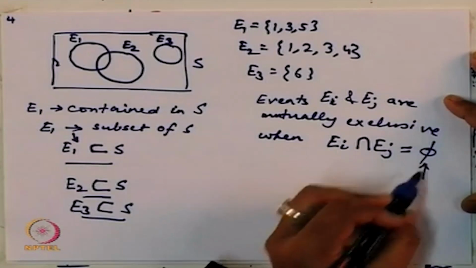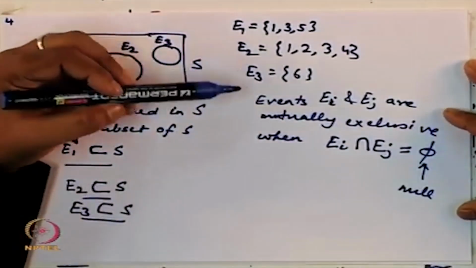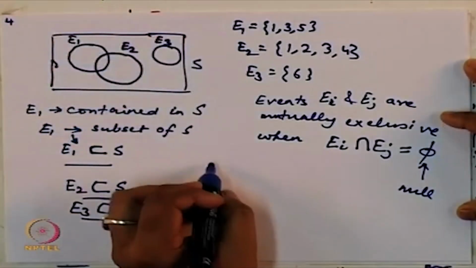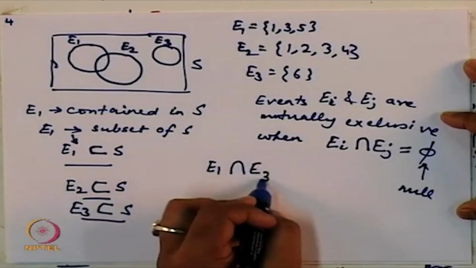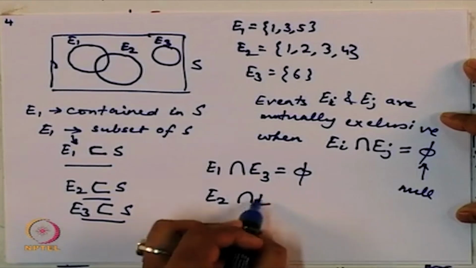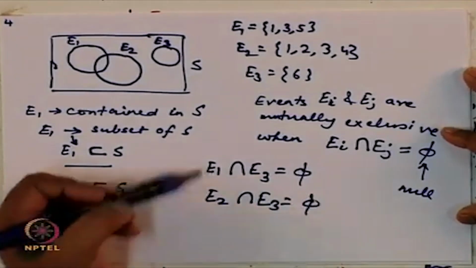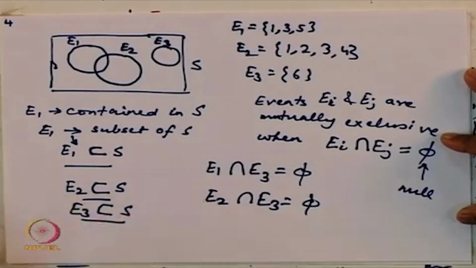This is null. There is nothing in common shared between the events E3 and E2 or E3 and E1. So, I can write E1 intersection E3 is equal to null and E2 intersection E3 is equal to null. So, there is nothing in common between E1 and E3 or E2 and E3.